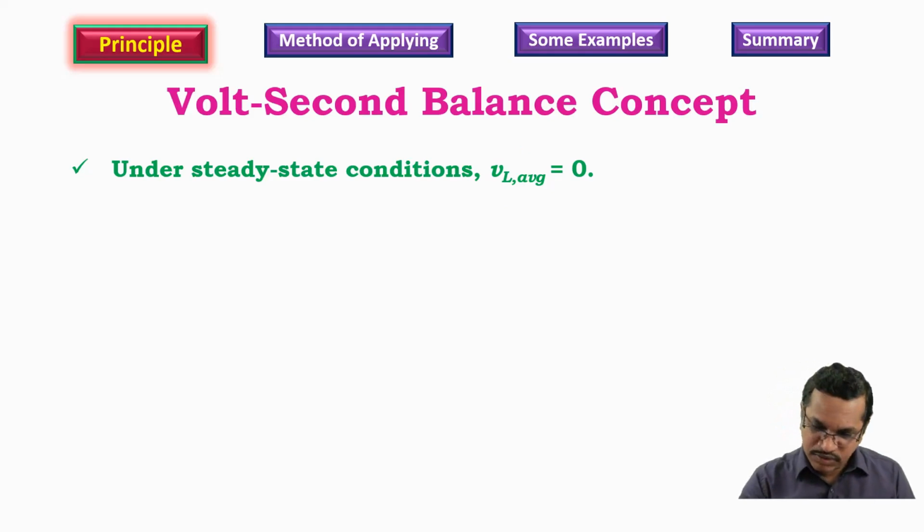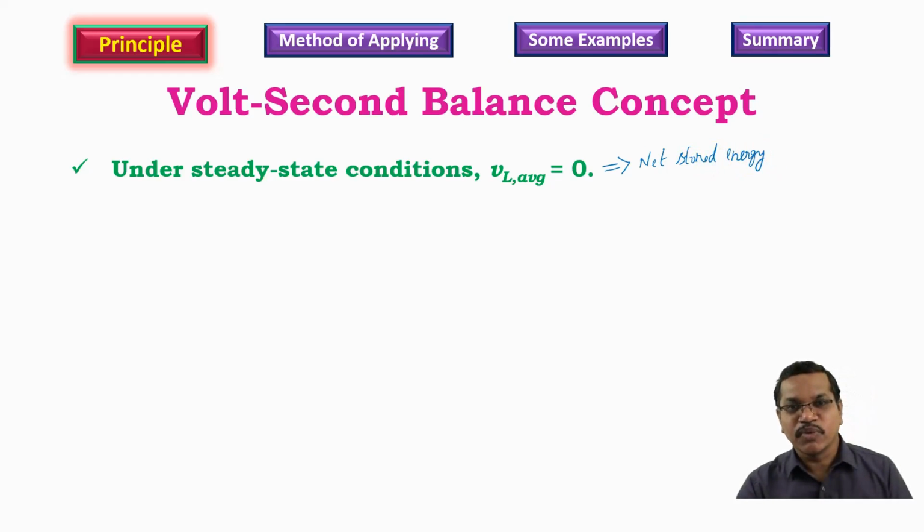The net stored energy in the inductor over one cycle is what is important. We are considering only one switching period, and in that period, the net energy stored, which I indicate as EL, will be equal to 0.